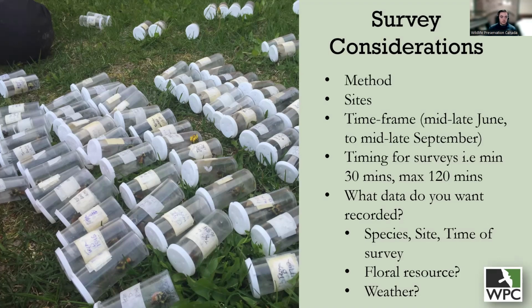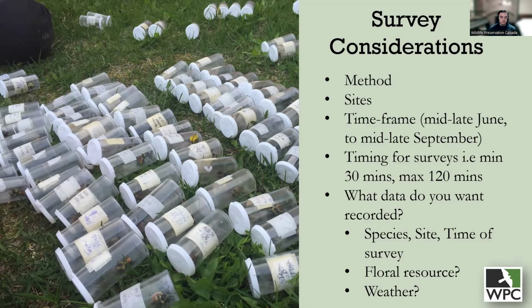Also, what data do you want to be recorded? Broadly, the information that we record in our programs starts with some environmental conditions like weather, temperature, and some broad weather variables, and this can help us determine why some surveys were more effective or successful than others.